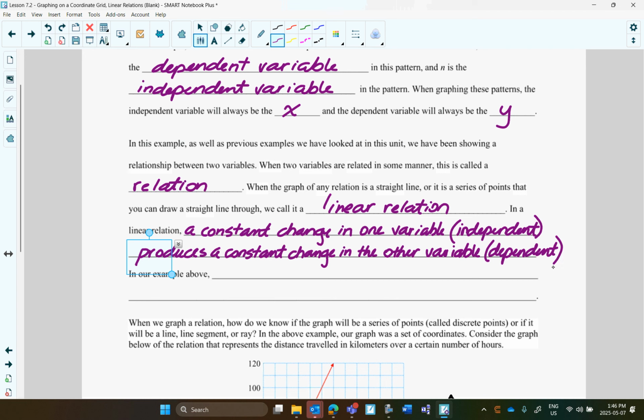So if you look at this problem that we've been working on, every time the figure number increases by 1, the perimeter increases by 2. So there's a constant change in the first variable, and that produces a constant change in the second. And they don't have to go up by the same amounts in each column.